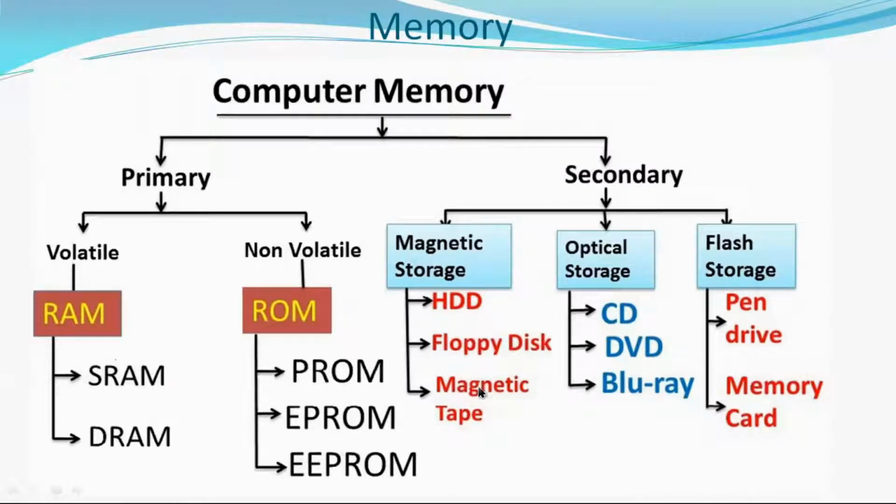Now, when you look at these examples, the hard disk, the floppy disk, and the magnetic tapes, you will notice that these devices have something in common. The thing they have in common is a magnetic surface onto which information is going to be stored. When you open a magnetic tape, there's that thing that looks like a rope.